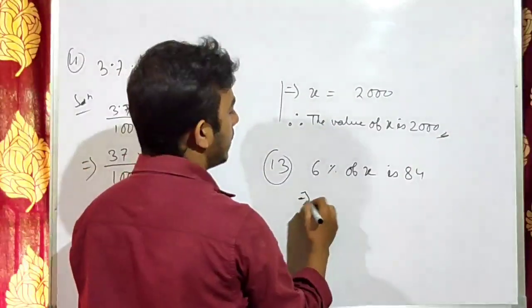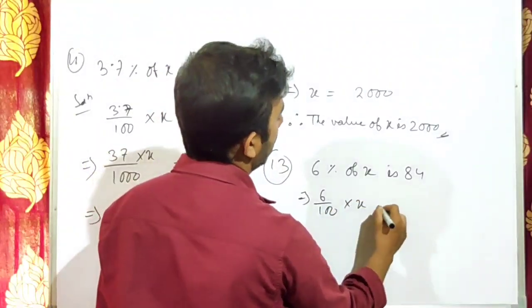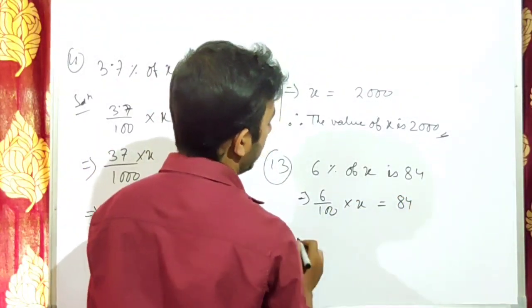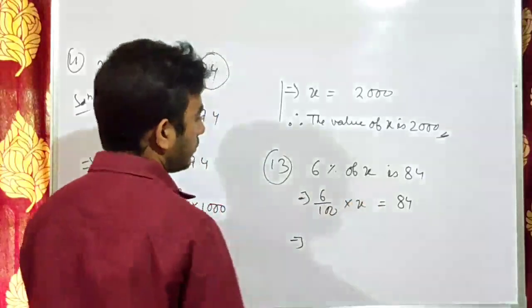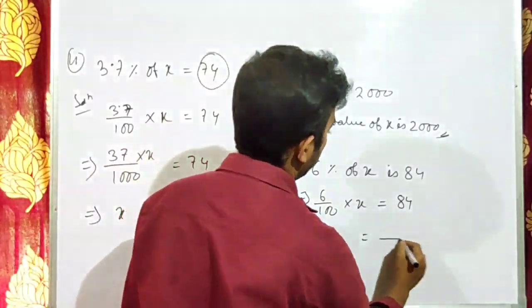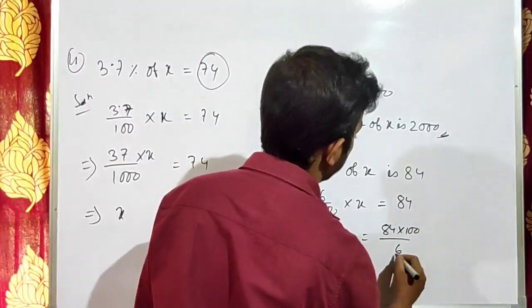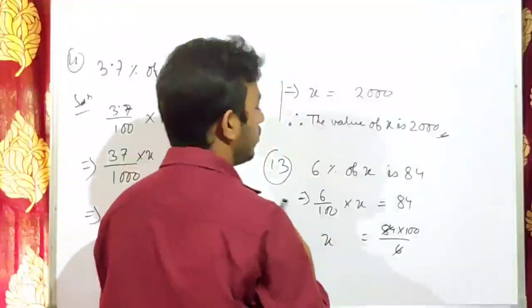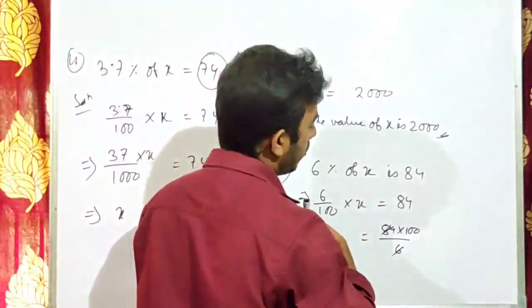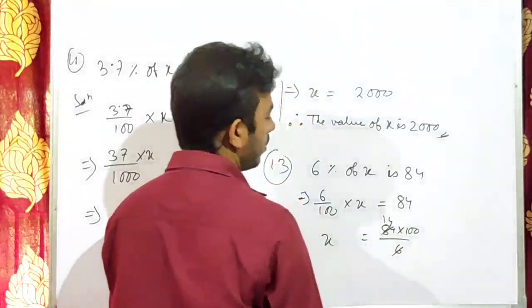So we write 6%, 6% means what? 6 by 100, of means into, is means 84, okay. So now cross multiply, x will be 84 into 100 divided by 6. Now 6 how many times in 84? 6 into 1 is 6 and 24, 6 into 4 is 24, okay.